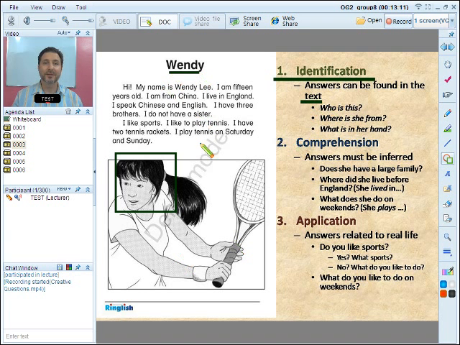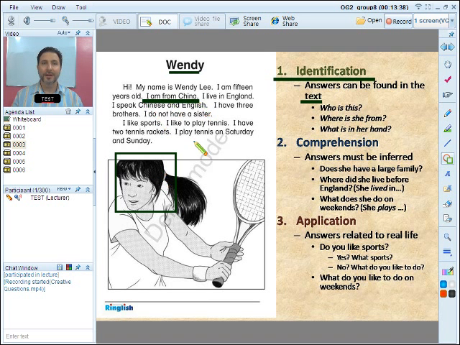Well, obviously this is Wendy. The answer to an identification question should be found within the text. In other words, it's easy. It's kind of first gear, if you're into driving standard cars with a standard transmission. So it's first gear. You can also ask, where is she from?